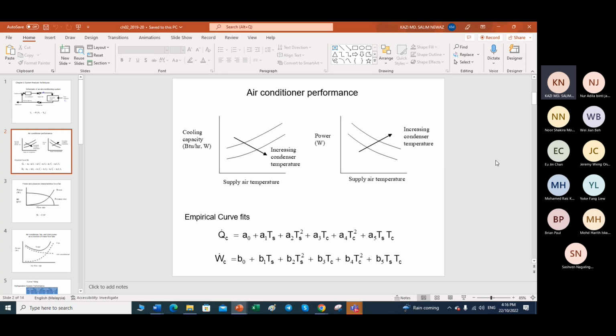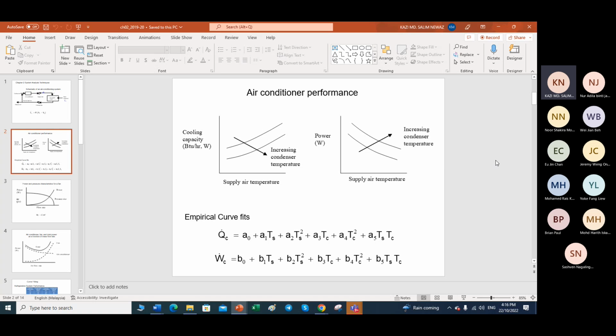So with this graphical information, we find that the cooling capacity decreases with the increasing condenser temperature, because of the need to maintain the lower level of temperature there. And when this condenser temperature goes up, we have to maintain the upper level of temperature there, so the power consumption increases.